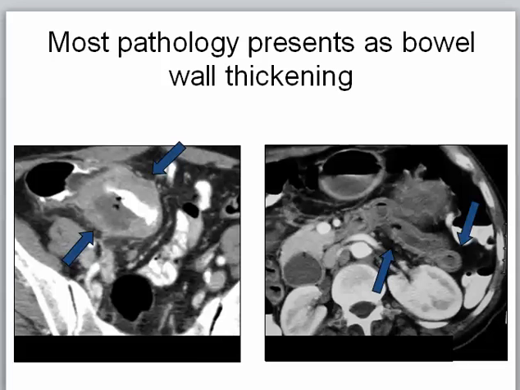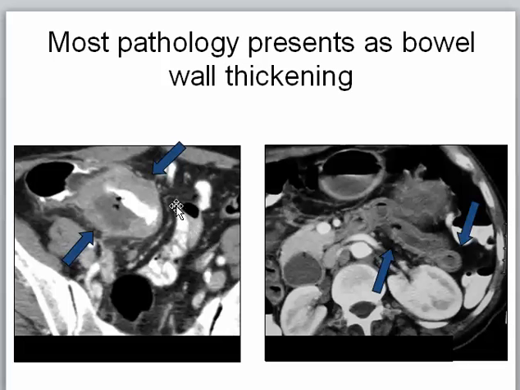If we conclude, most pathology occurring within the wall of the small intestine will appear as wall thickening, and most pathology falls in two main groups: Crohn's and inflammatory processes, and lymphoma and malignant processes. So most pathology presents as bowel wall thickening. If diffuse and involving more than one loop like that, this means it is an inflammatory process like Crohn's or similar conditions causing a strictured lumen.